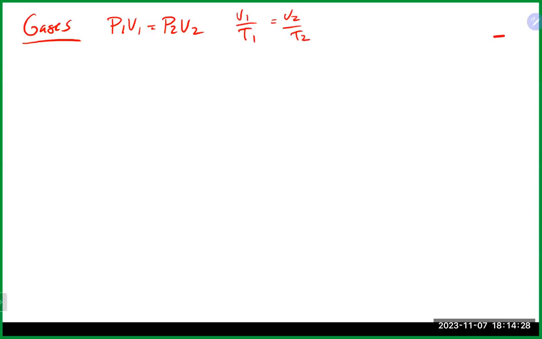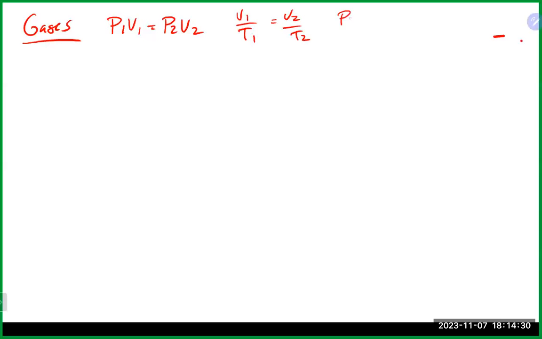Okay, we're going to continue on here and talk about gases, which is what we've been talking about. Last time we talked about a number of gas laws. I think we had our Charles' law, our Boyle's law, I'm sorry. Our Charles' law here, V1 over T1 is equal to V2 over T2.